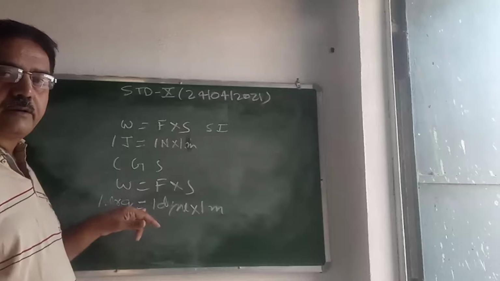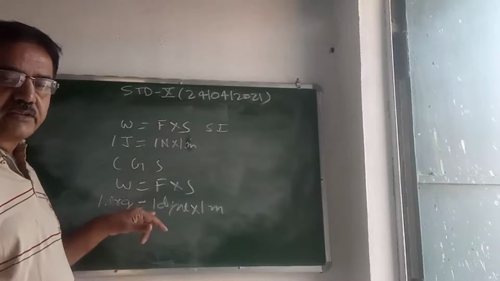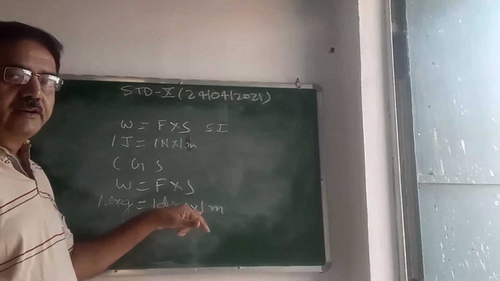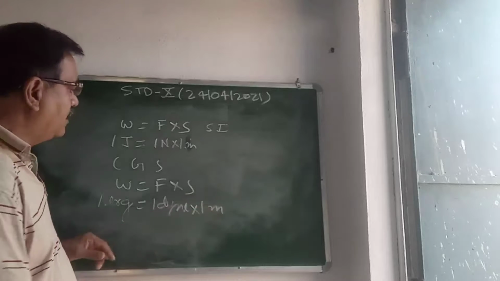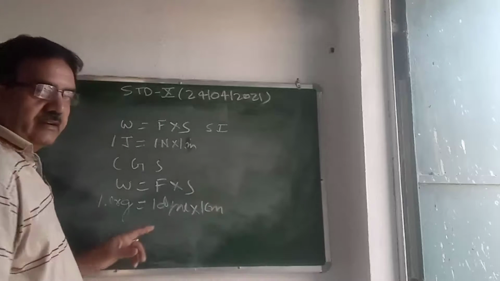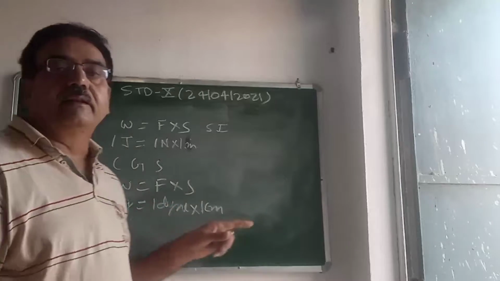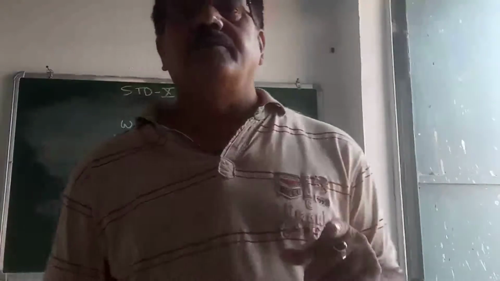So 1 erg of work is said to be done when 1 dyne force applied on a body displaces the body through 1 centimeter. In CGS, centimeter. Right?